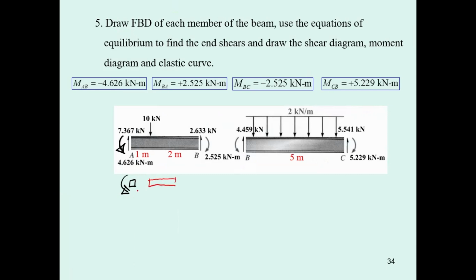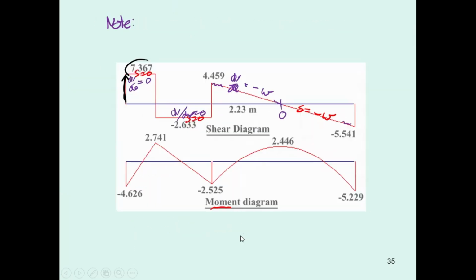If you put this one, the sign convention is going to be the red. The red plus the black is 0. That's going to be M plus 4.626 is 0. M over here is going to be minus 4.626 kilonewton meter. So you start with the negative. Okay, negative. And most of the time it is negative.